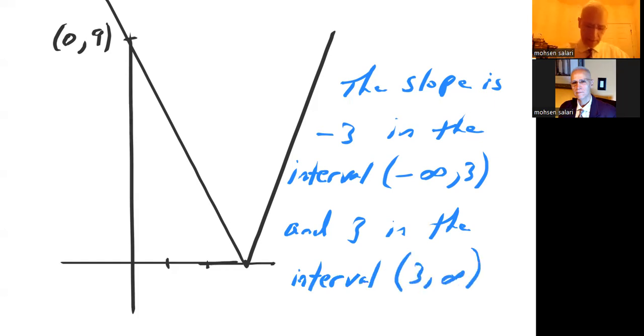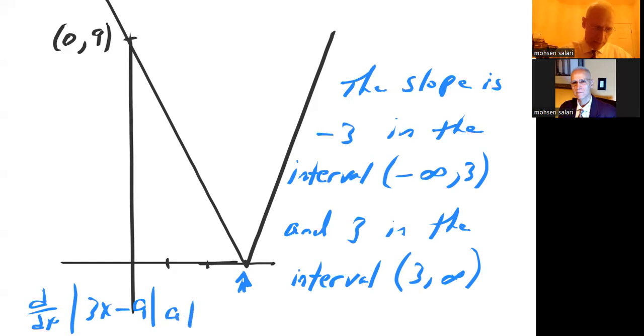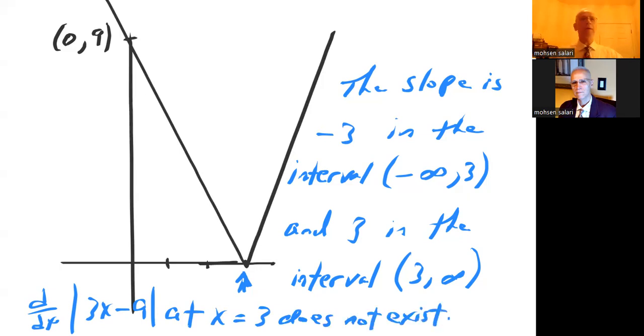And once again, d/dx at 3 does not exist. The derivative of the absolute value of 3x minus 9 at x equals 3 does not exist. Okay, thanks.